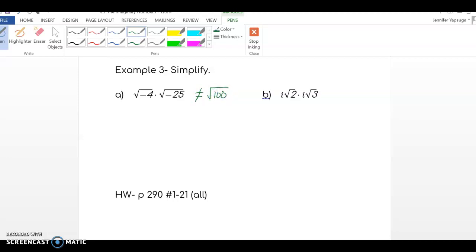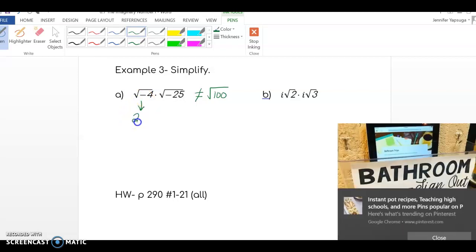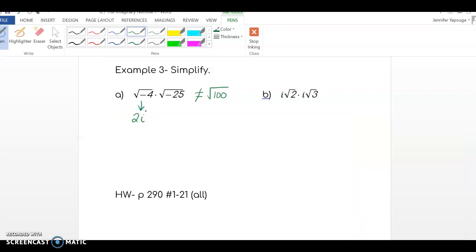So they need to be first expressed as radicals with their pure imaginary number before you can do any simplifying. So you need to first turn this into 2i, and we need to simplify this into 5i.